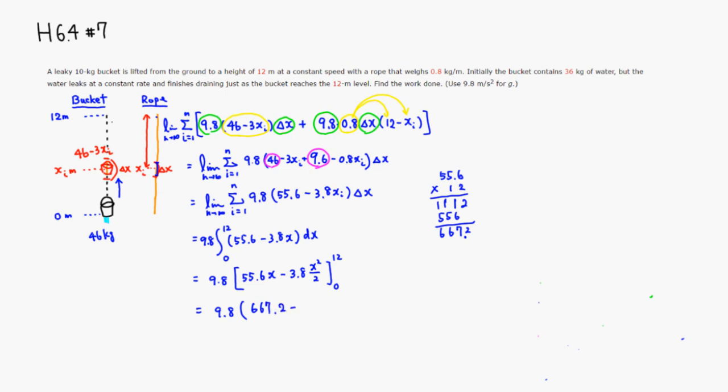Minus, this can be divided, so it's 1.9 times 12 squared, which is 144.